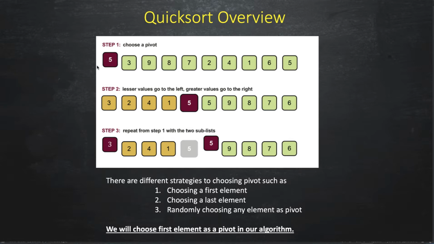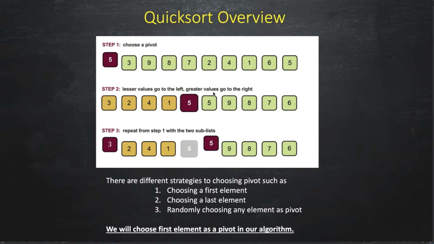So once you have chosen a pivot, the next step is to rearrange the elements so that the numbers which are less than the pivot are on the left side and the numbers which are greater than the pivot are on the right side. So we are actually partitioning the array based on the pivot. Once we have done the partitioning, we have basically divided the original array into two subarrays.